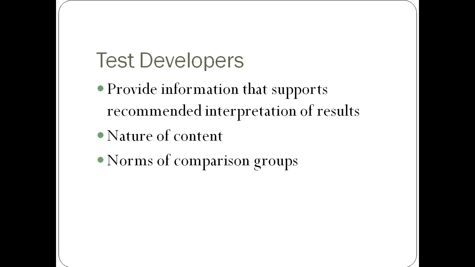Was it just men? Was it girls from 6 to 12? They need to be very specific as to where the norms derive from so that they can make accurate decisions as to where a test taker, an individual test taker, is in the norm. And also they need to provide any other technical evidence that supports how they interpret the results of their tests.